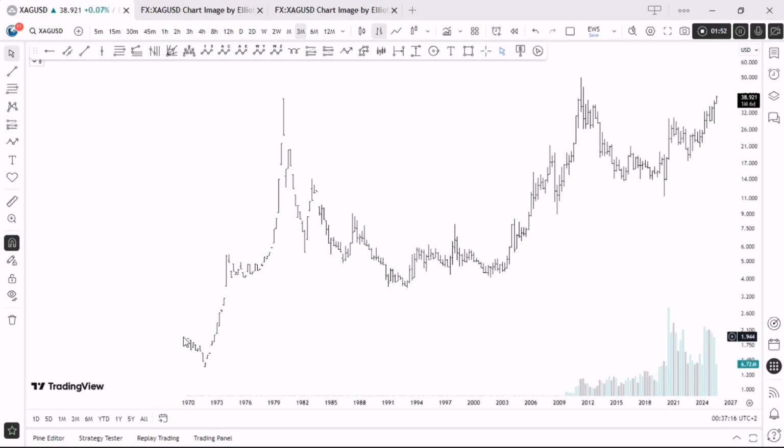So looking from this level right here, I can see that the data is incomplete. That's one thing. But from this low to that high, if I ask myself, do I see a pattern I recognize? Yes, I do. One, I believe this is an impulse right here. Secondly, I believe this is an impulse right here.